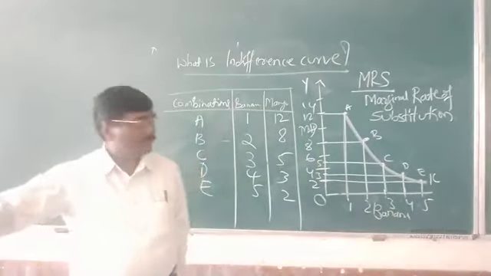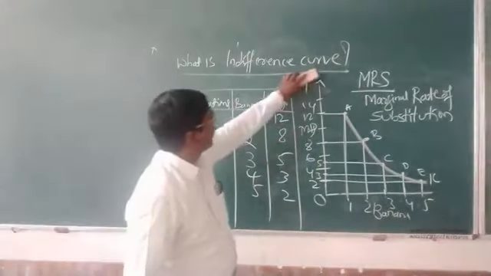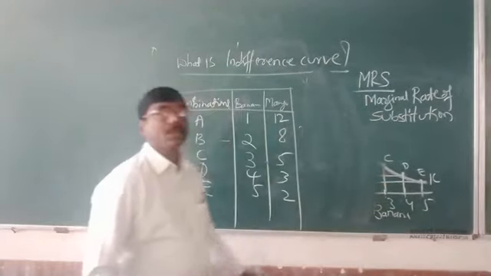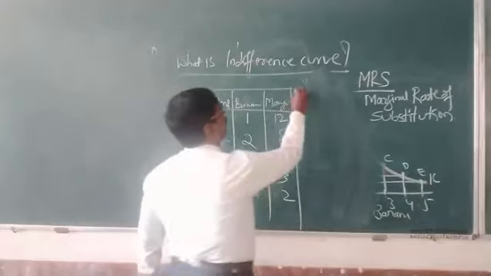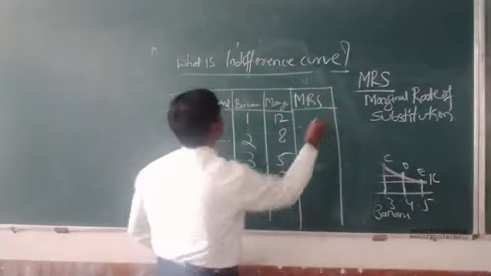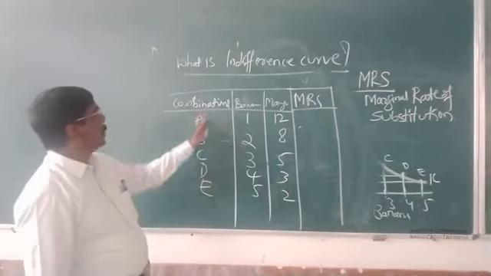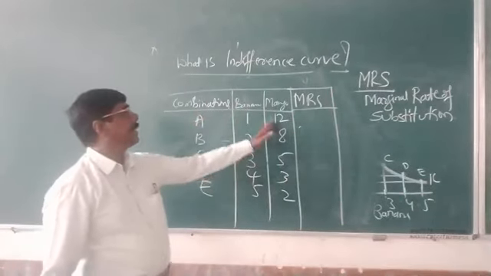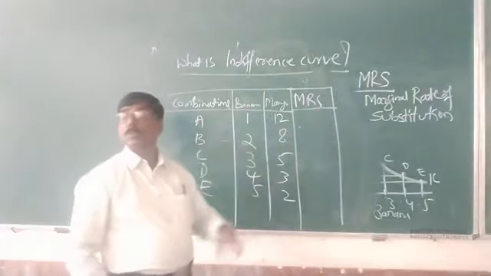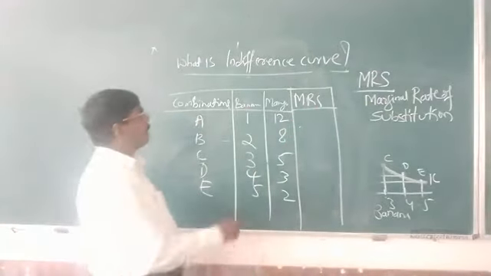So here we may explain the marginal rate of substitution. Look at this board. Combinations, bananas and mango. Here the other column, marginal rate of substitution.